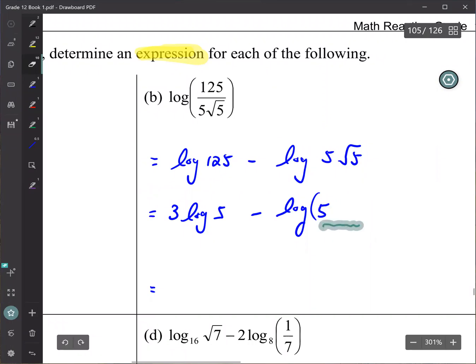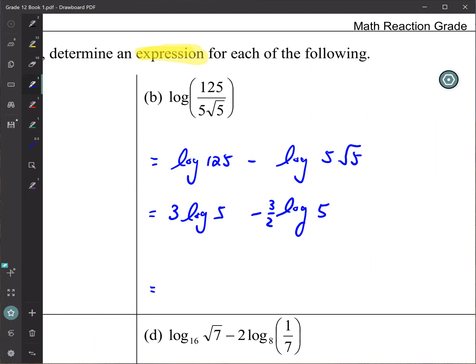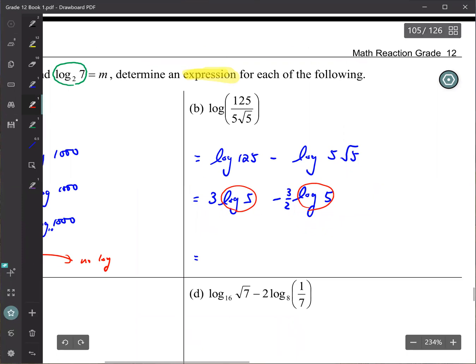Okay, so that means I can do the same thing, take one step faster. I'm going to bring the 3 over 2 to the front. All right, so now you can see it's a log 5 here, and another log 5 there. Now we can replace it with the k, right?